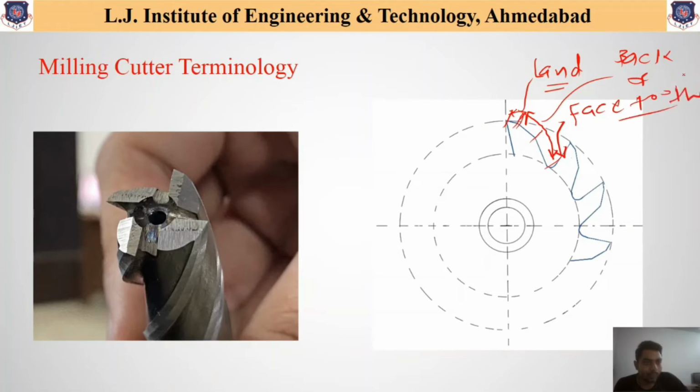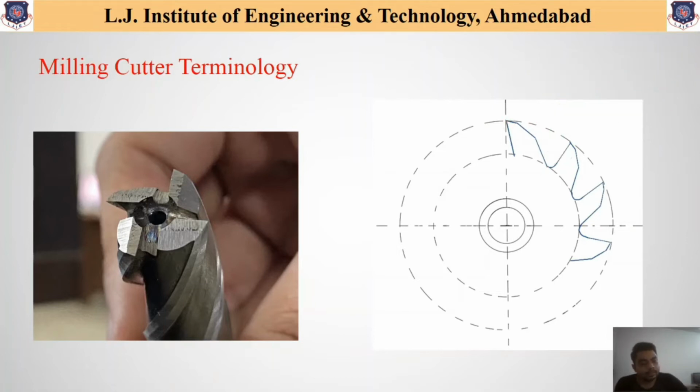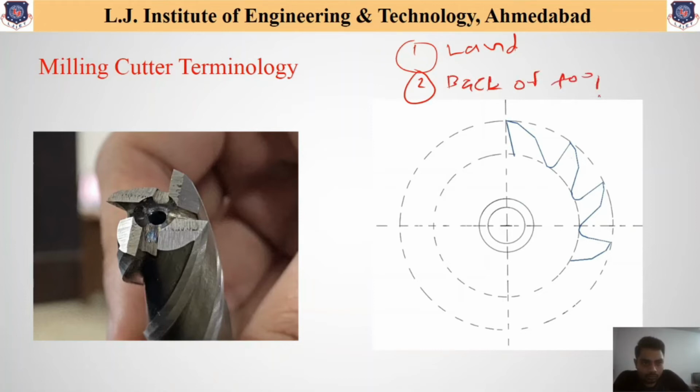So we have seen three more parts: the first is the land, the second is the back of the tooth, and the third is the face.